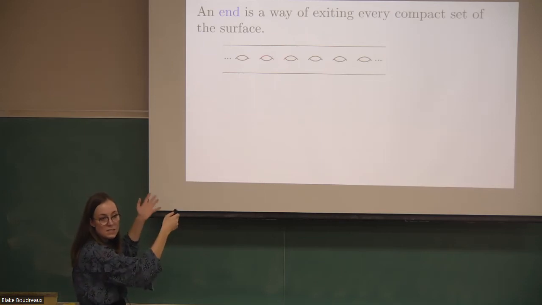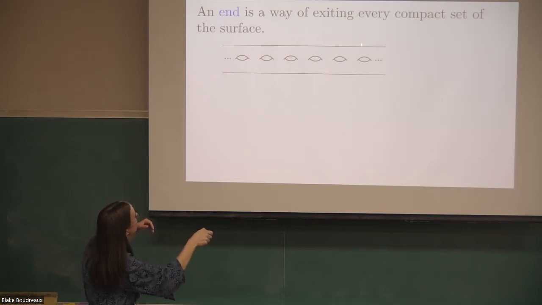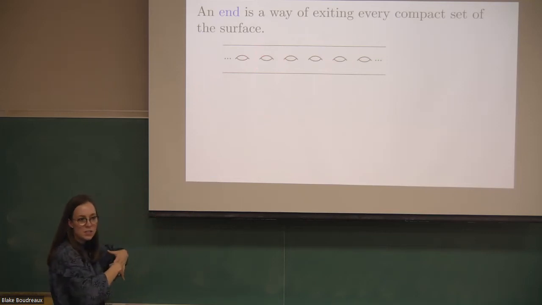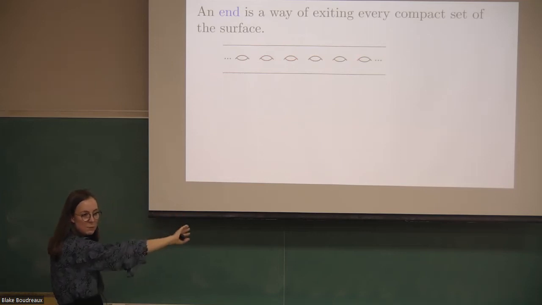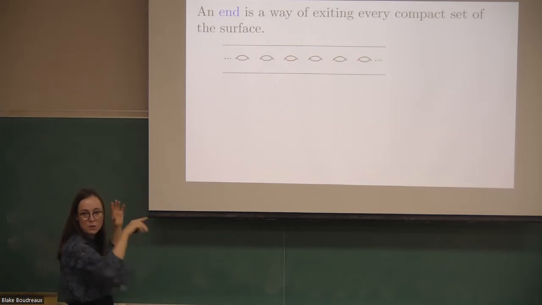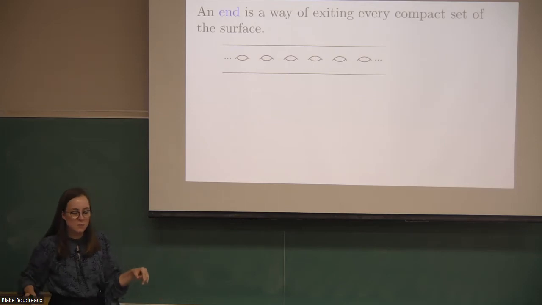That's a compact surface sitting inside. But now I can take a bigger one. So I can take a boundary component here and here. Now I have a surface of genus 4 with two boundary components. So I can have this nested sequence of compact surfaces, and I can cover the entire infinite type surface with this. When I look at the complement, I'm going to have two pieces all the way at infinity. And these are going to be the two ends of the surface in this case.